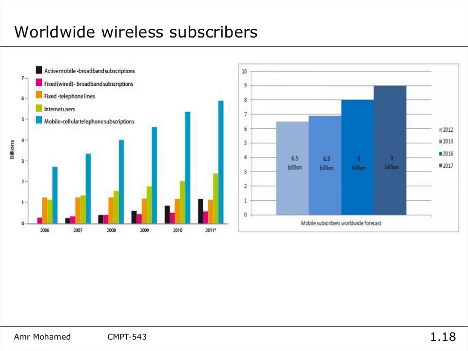Of course, this here is part of the motivation. I should actually remove this or move it to be part of the motivation. But what we can notice here is that pretty much everything is increasing, but when we talk about active mobile and fixed telephone lines, we see that the fixed telephone lines started to decrease.